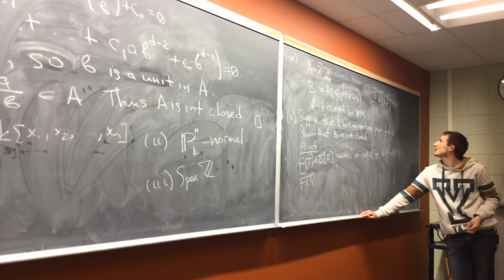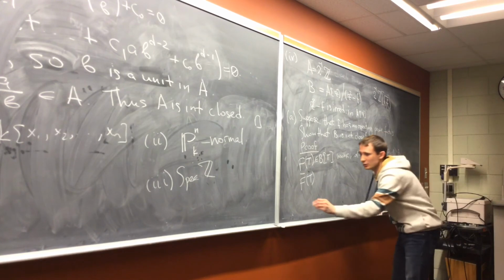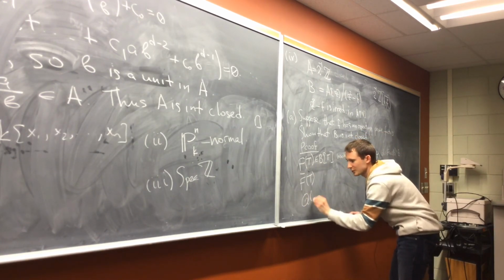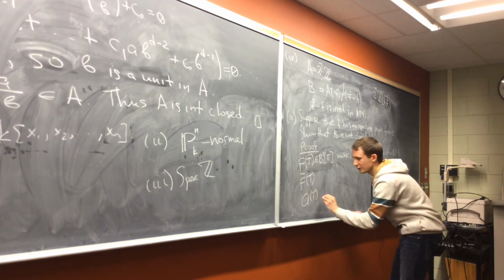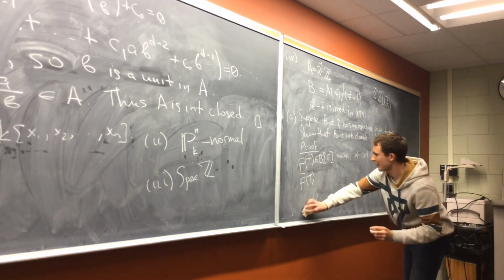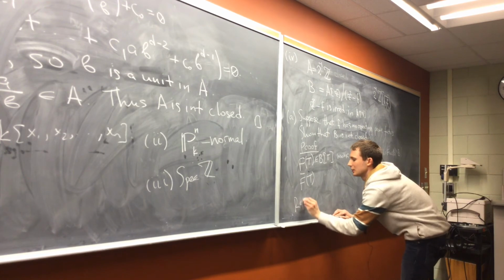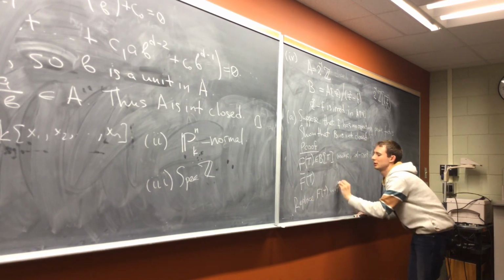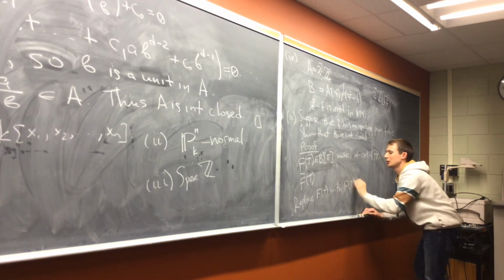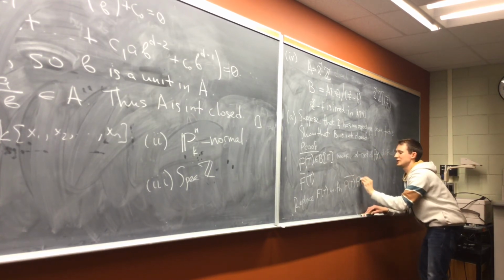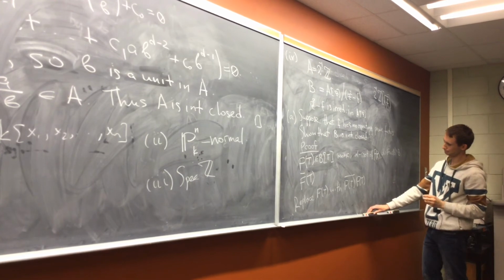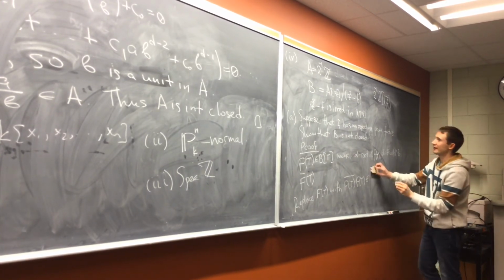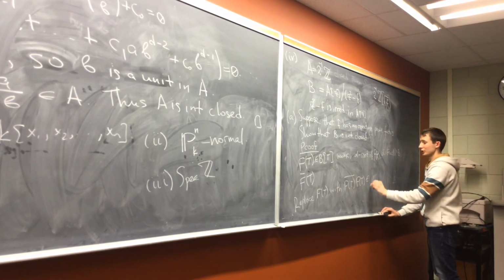Now what I'm going to do is replace my F(T) with a new polynomial, which I'm going to call Q(T): I'm going to replace F(T) with this F-bar(T) times F(T).